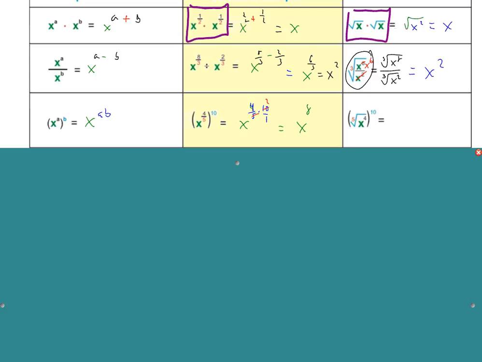Okay, so here's the relationship we want you to take away on this, and here's the concept on this one. This 10 gets multiplied times this 4. So this thing ends up the 5th root of x to the 40th.